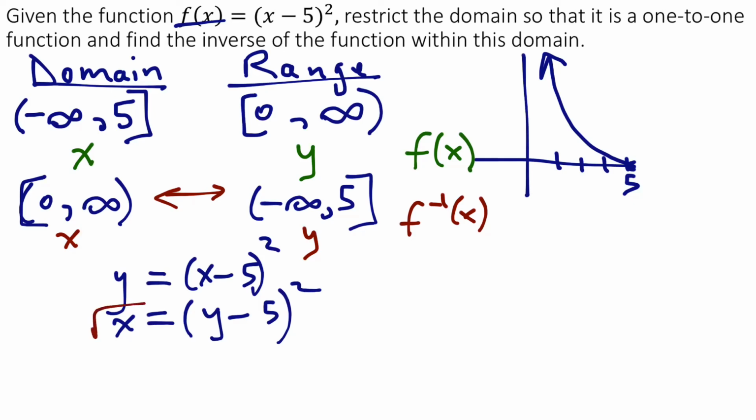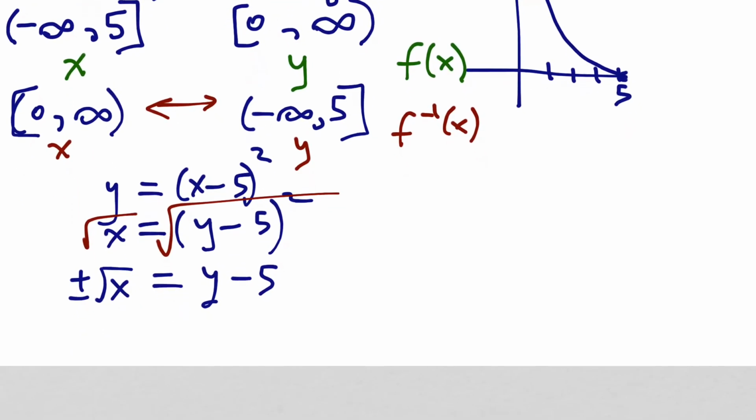So we're going to take the square root of both sides. So we'll have plus or minus square root of x, since it's an even root, is equal to y minus 5. Now I'll have y is equal to 5 plus or minus the square root of x.